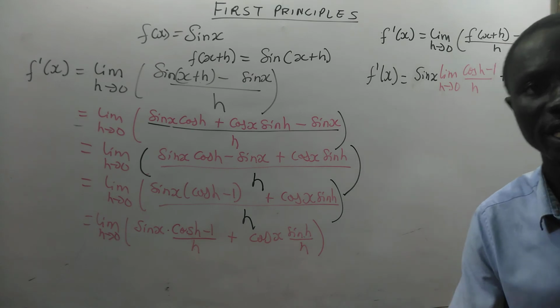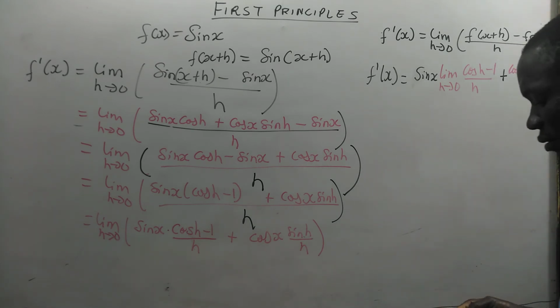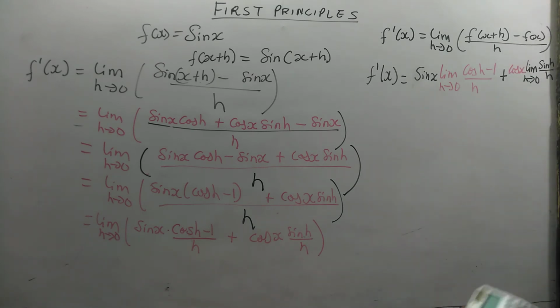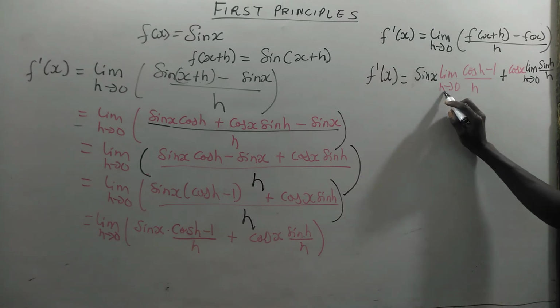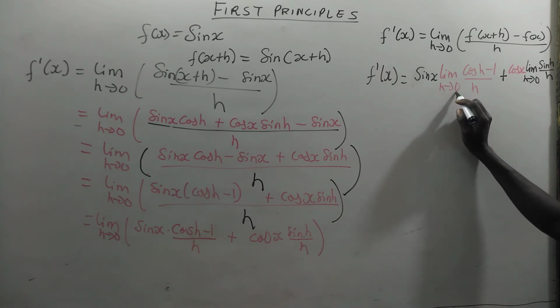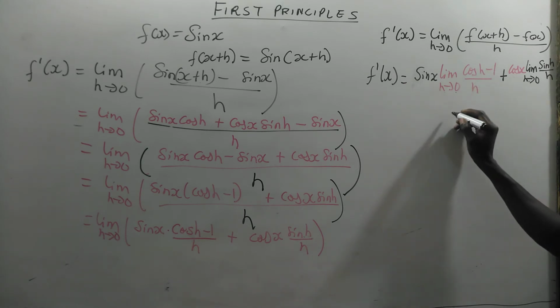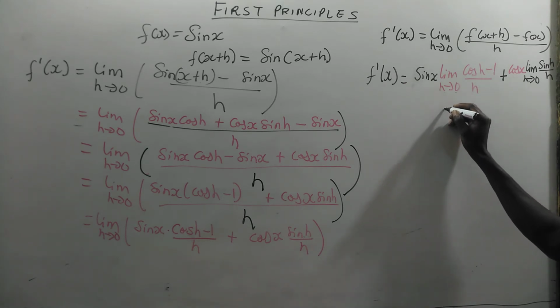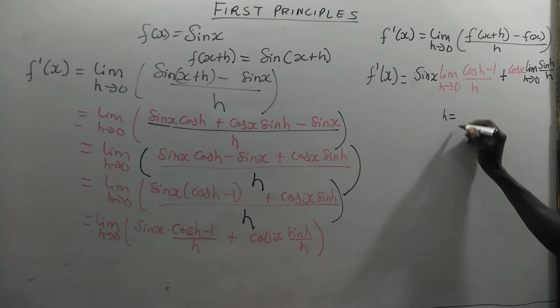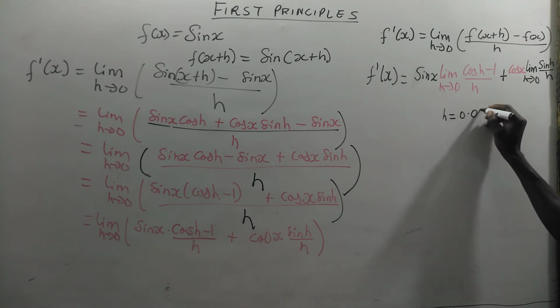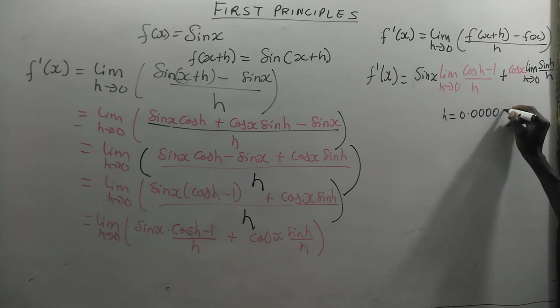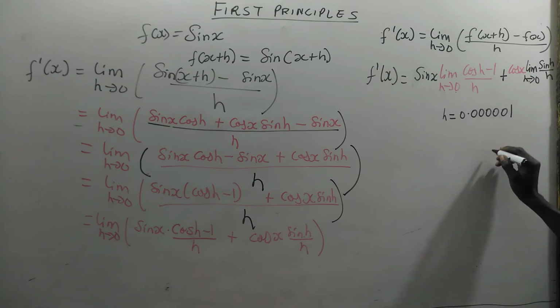Now if you take your calculator, here we are saying that as h approaches 0, not necessarily becoming 0. So let's take that h equals 0.000001.